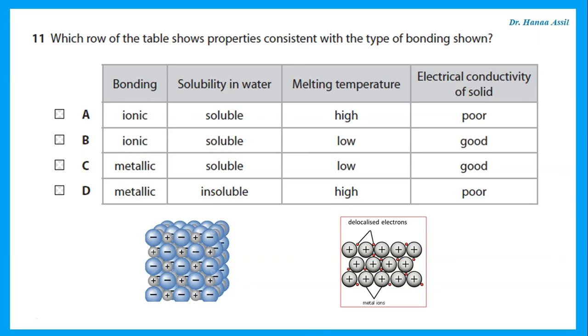The metal is insoluble, so we should be choosing D, but then D says electrical conductivity of the solid is poor, and that's wrong. So actually our correct answer is A. Ionic compounds are soluble in water, have high melting temperatures, remember strong attraction forces between positive and negative ions, and as a solid they do not conduct.